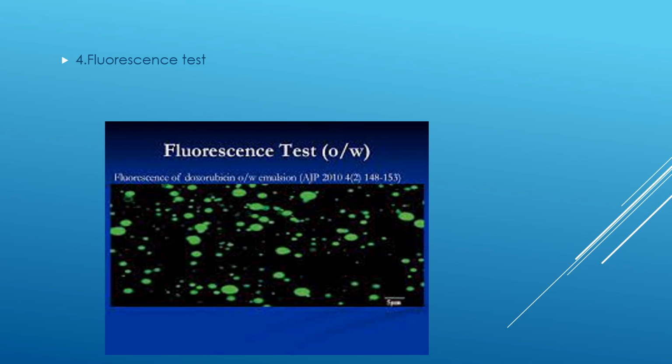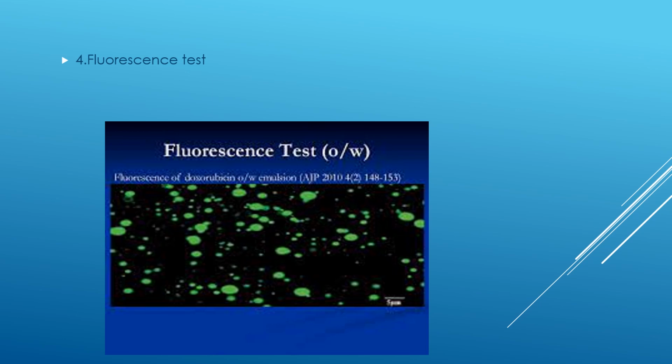Next is the fluorescence test. Certain fixed oils possess the property of fluorescing in the presence of ultraviolet radiation. On microscopic observation of the emulsion under ultraviolet radiation, if the whole field fluoresces, it indicates that oil is present in the continuous phase.